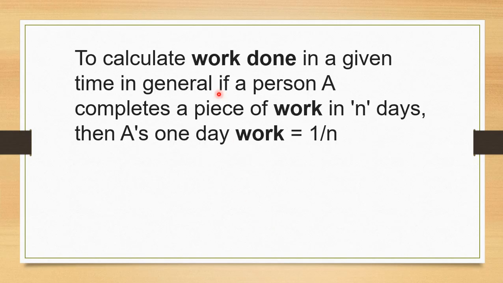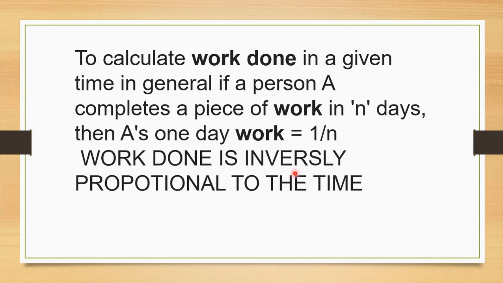Next we have to understand, whenever we are solving problems related to work done in a given time, it is defined as follows: if a person completes a piece of work in n days, what is the 1 day work of that person? It is 1 upon n. So out of n days, 1 day's work is 1 upon n.